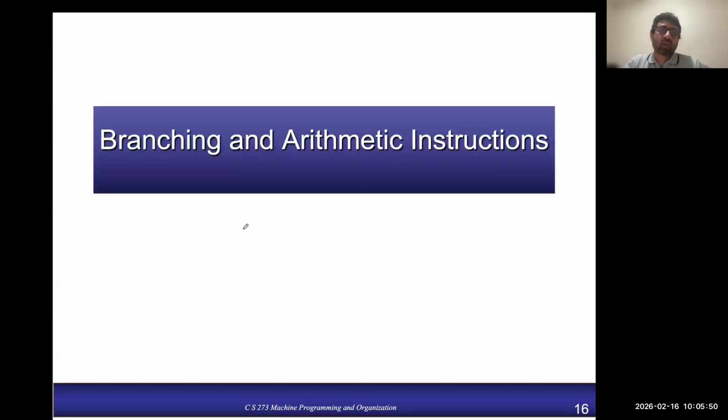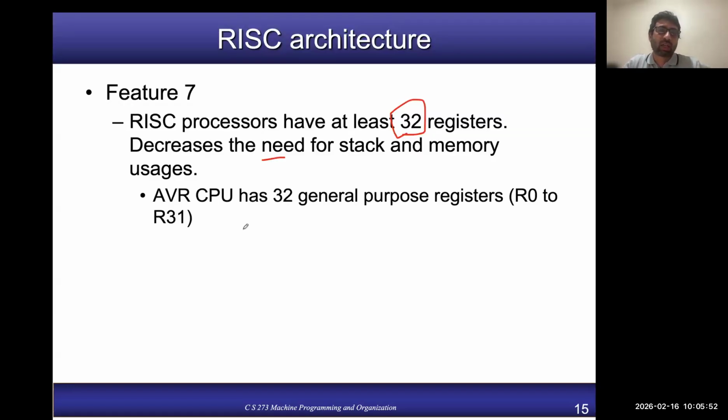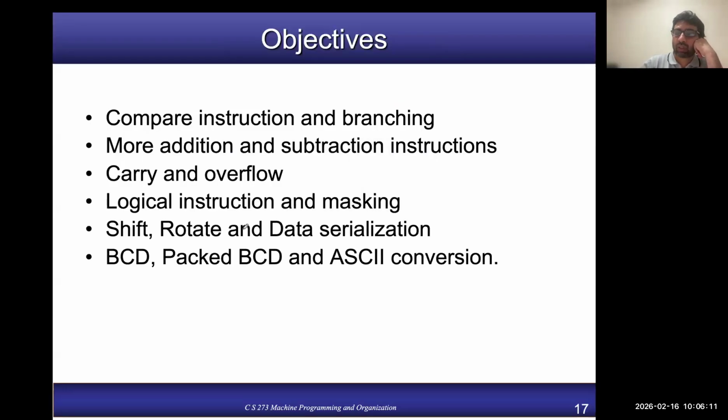So this is a good thing about RISC architecture. CISC processors, on the other hand, have a relatively lower number of general purpose registers, like 8 or 16. Okay, any questions?